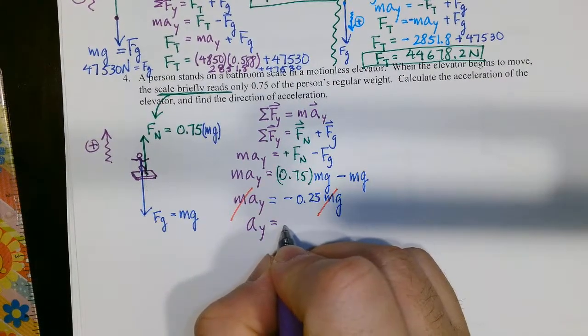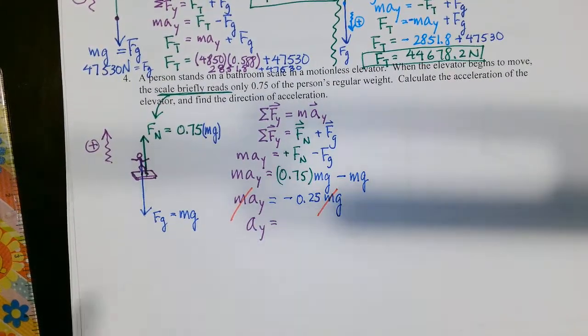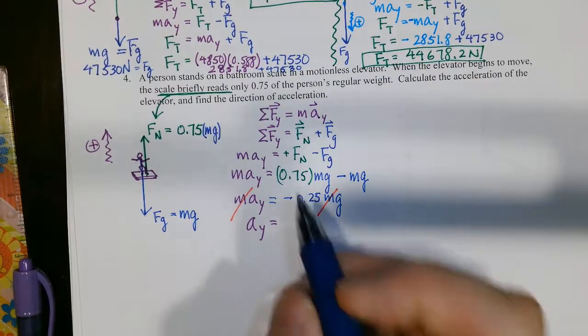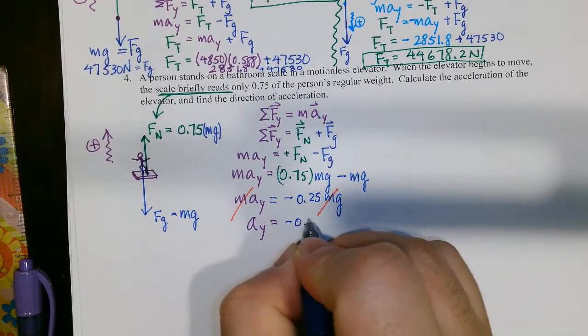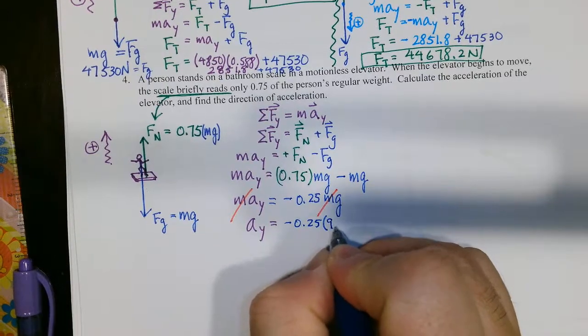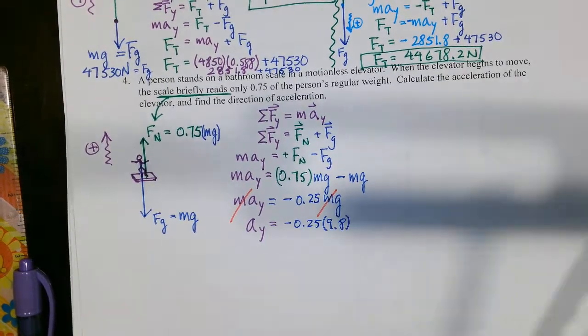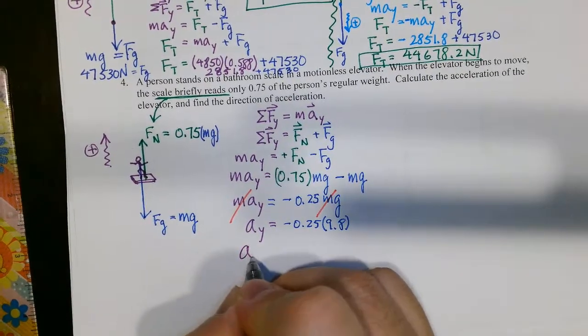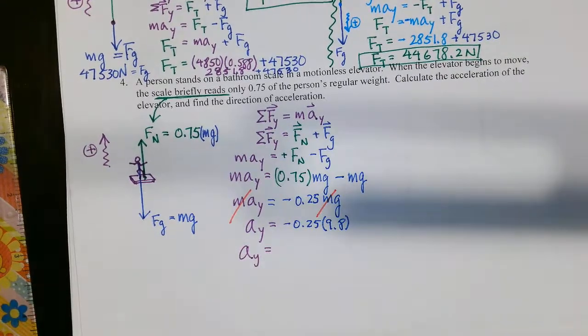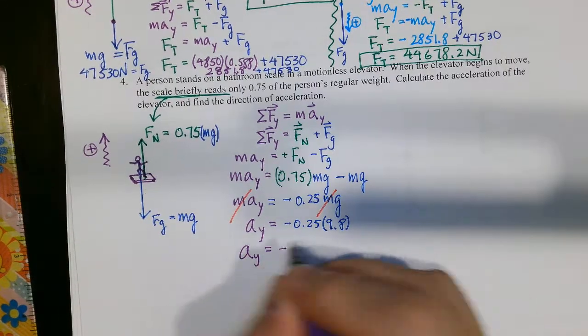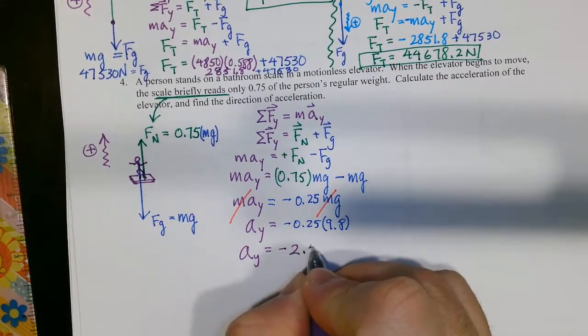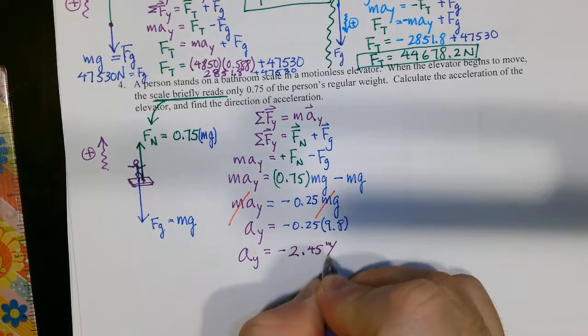So here, this looks like negative 0.25 times 9.8. So what is my acceleration? My acceleration in the y direction is equal to negative 2.45 meters per second squared.